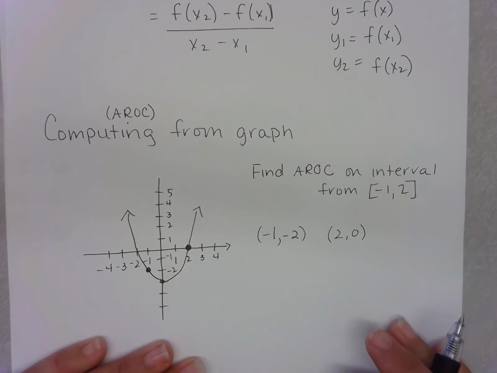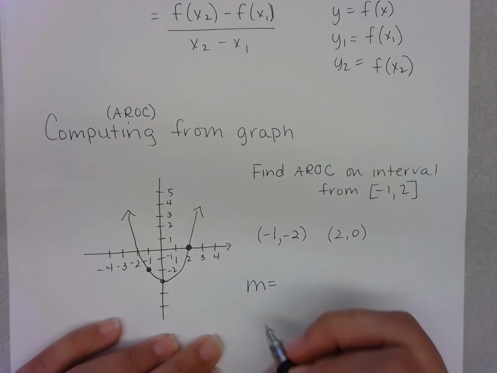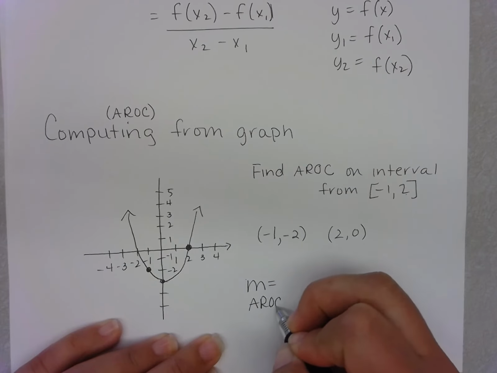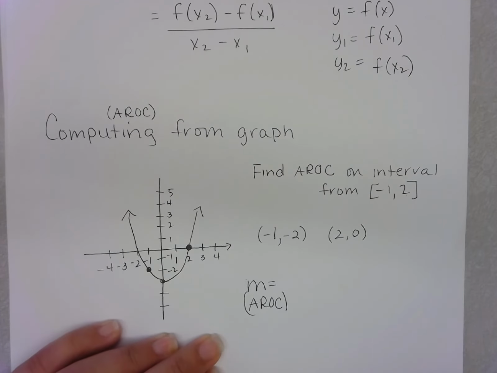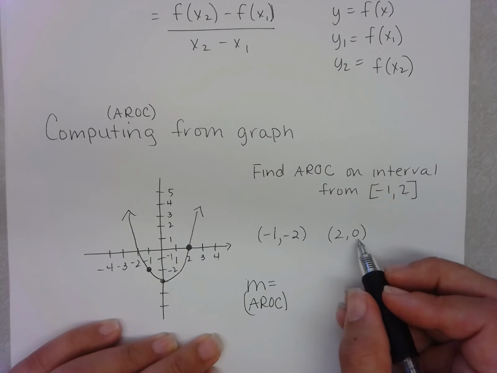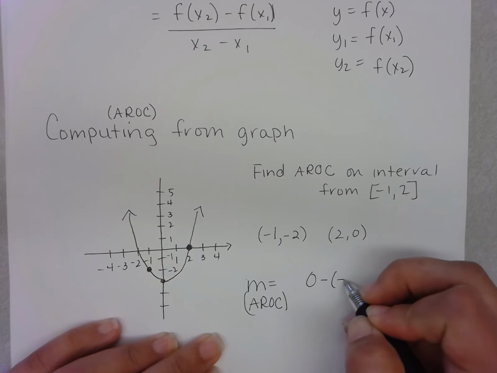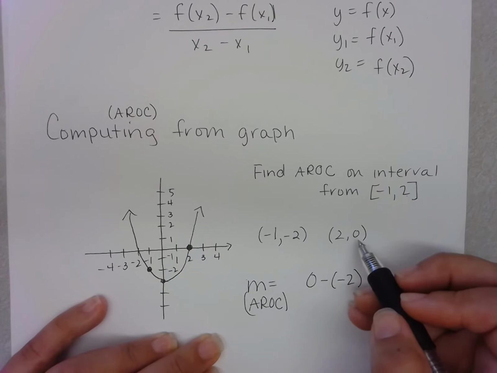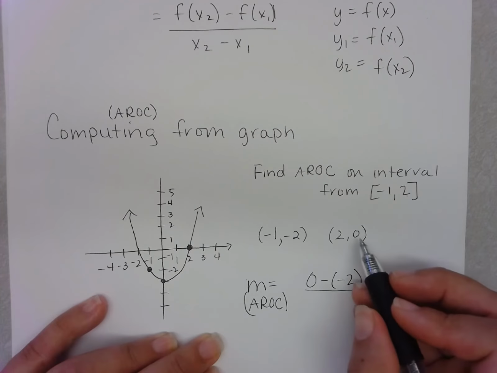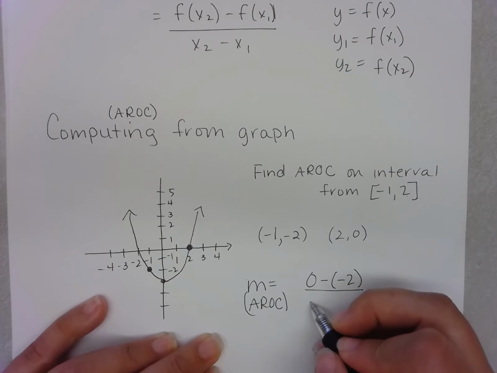So if I want to calculate my change in y over change in x, I'm just going to write m, or average rate of change for short. I can pick any y value, so I'm just going to start with the right one, so 0 minus -2. And since I chose the 0 to start with my y's, then the 2 goes with the 0, and that goes first here.